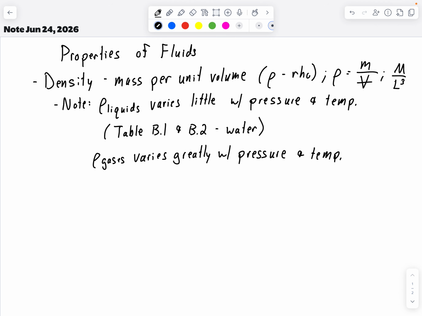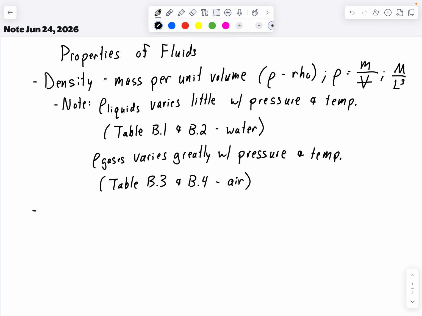And so, for example, you can go look at table B3 and B4 in your textbook to look at how the density of air changes with different pressures and temperatures. So that's our first property, density.